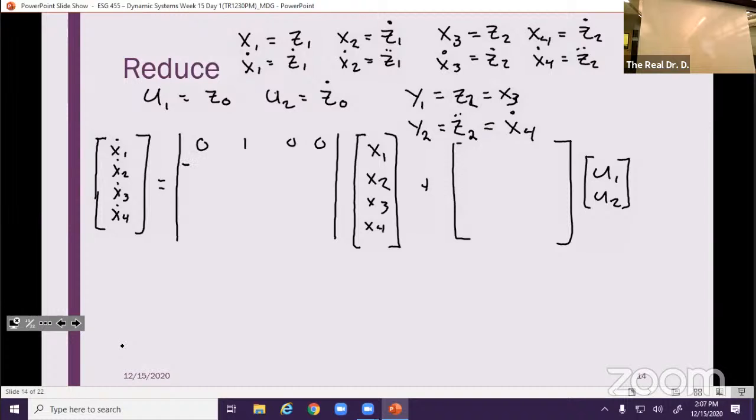Well, if we did all of the math, right, negative k1 plus k2 over m1, negative b1 plus b2 over m1, k2 over m1. I didn't give myself enough room.